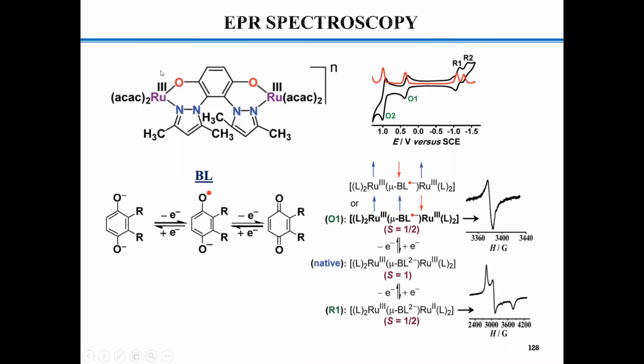So it could be 3,4 or 4,4. What you have observed is that on the first one-electron oxidation, we are getting a radical-based EPR. So how to interpret this radical-based EPR?